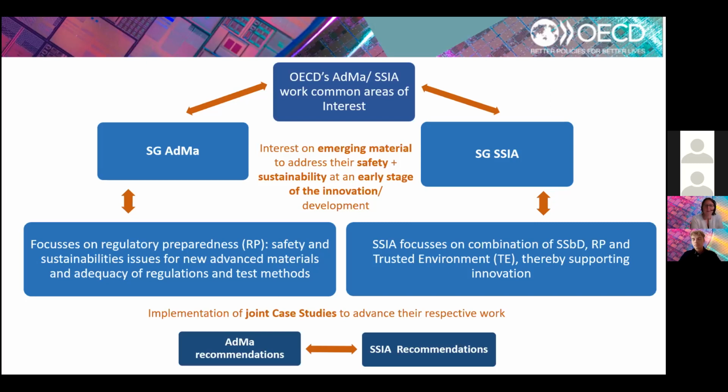So what kind of safety and sustainability issues can be foreseen for new advanced materials, and also are the regulations, but especially also the test methods, adequate for those advanced materials. Whereas SIA is a bit broader in this sense, trying to address this combination of safe and sustainable by design, regulatory preparedness, and trusted environments together, and thereby supporting innovation.